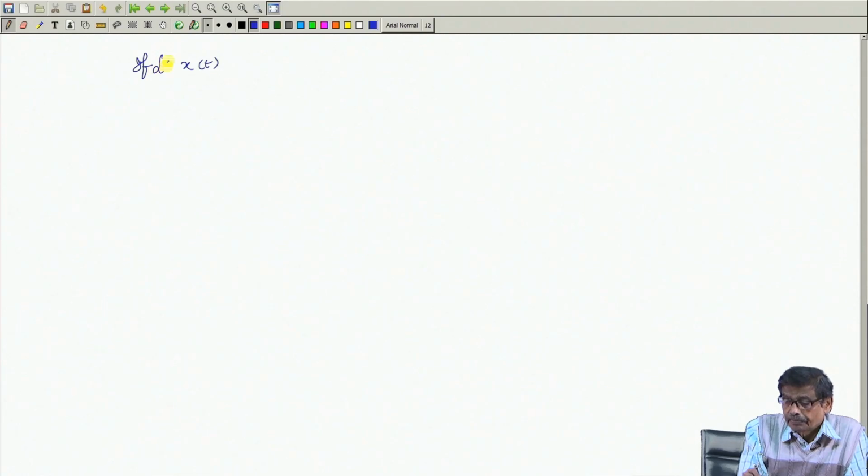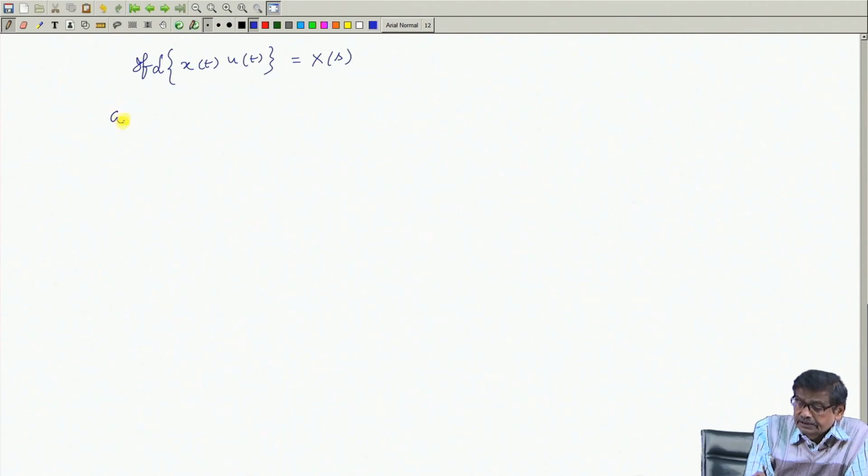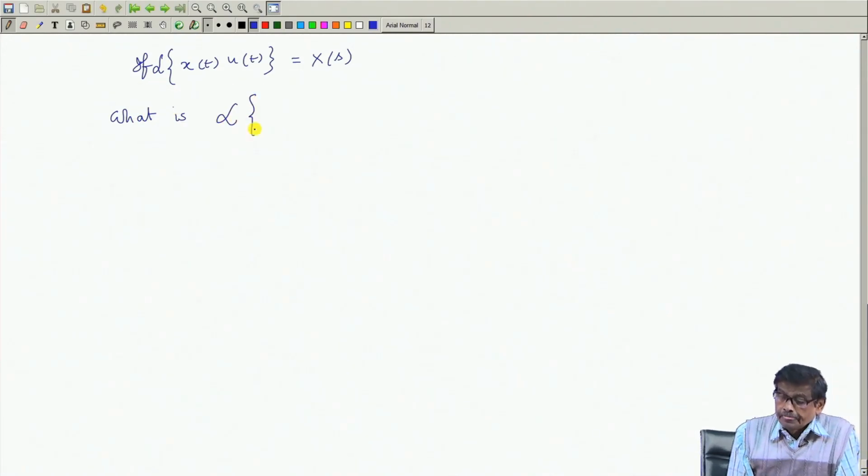The second thing is, if the Laplace transform of x(t) u(t) is equal to X(s), then the question is, what is the Laplace transform of the integration of x(tau) d tau from 0 to t?